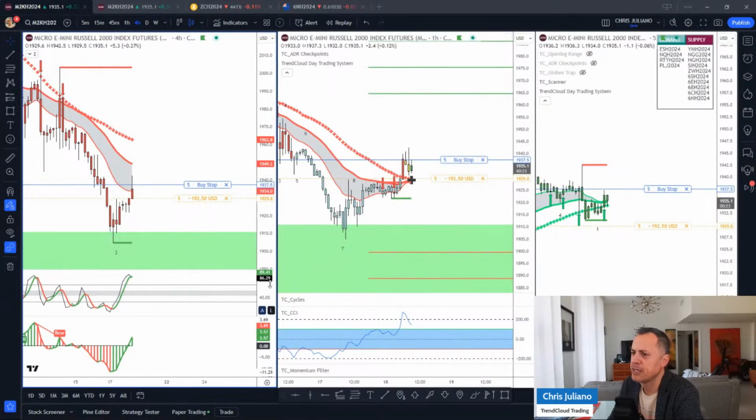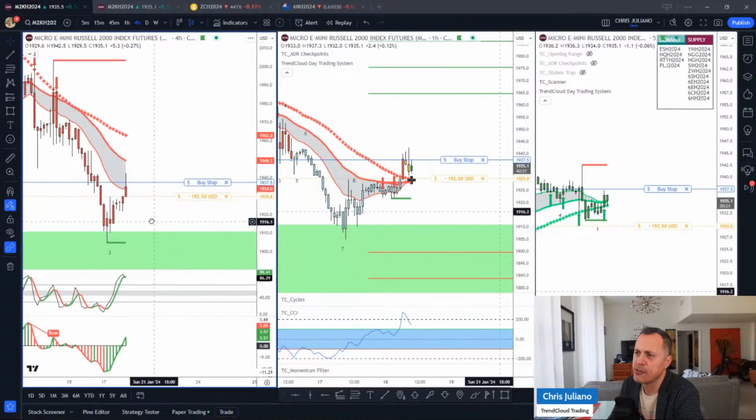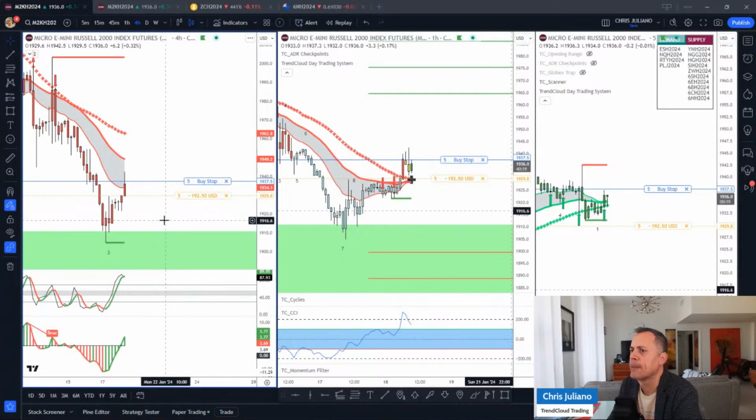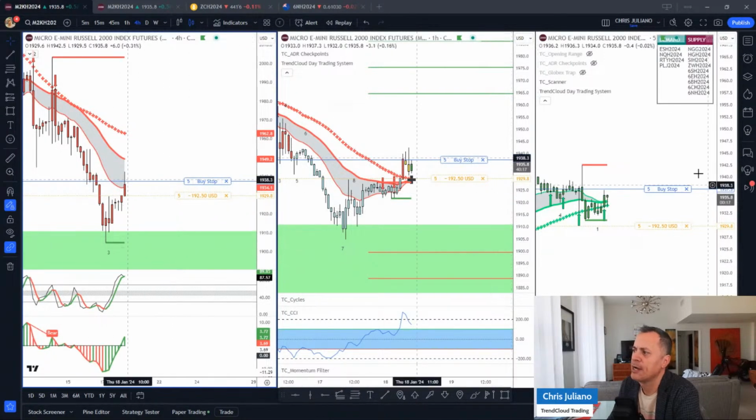We can only trade what we see. So what I'm banking on with this trade is that this goes maybe deeper into the 4 hour curve.